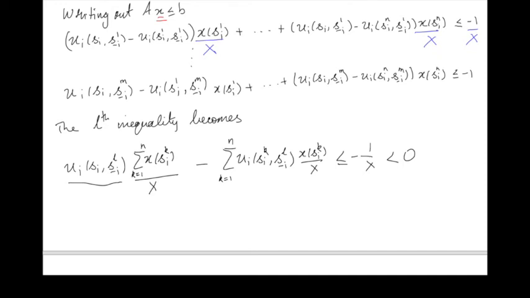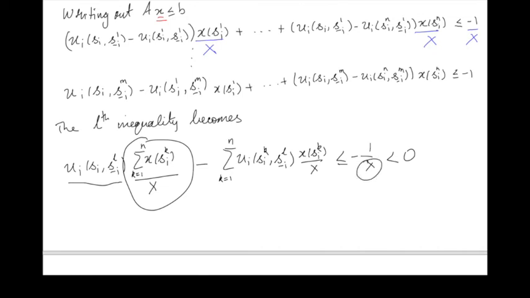So we just end up with that times the sum of xi's, and we're dividing through by capital X, minus the sum of Ui, the utilities that you get from playing the kth strategy, summing over k, times x of Sik divided by capital X. That has to be less than or equal to -1 over x.